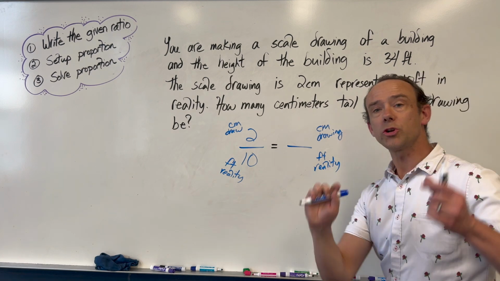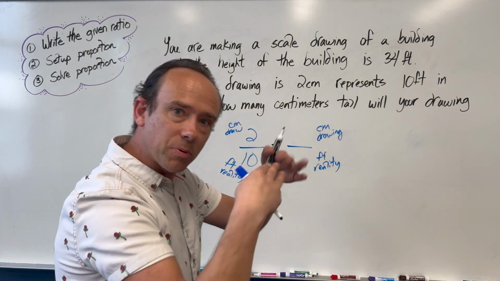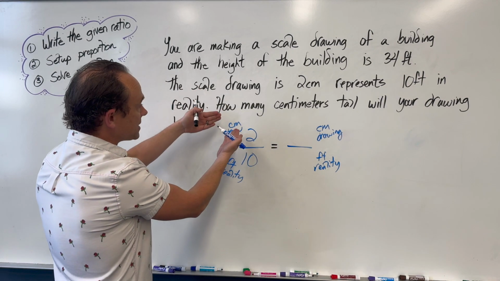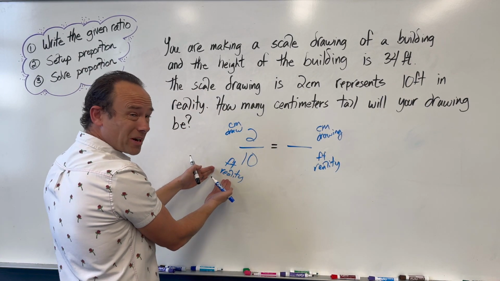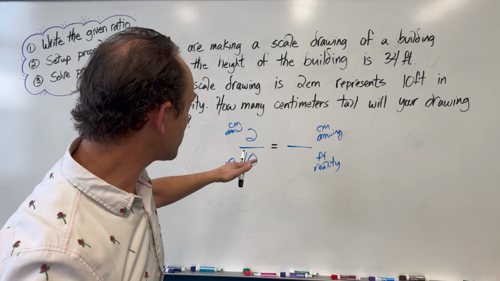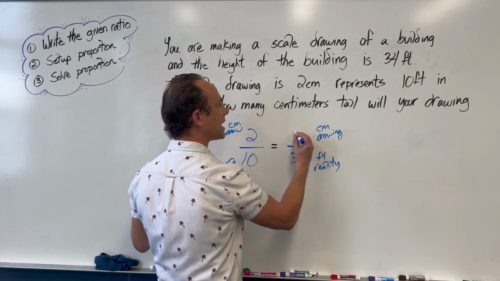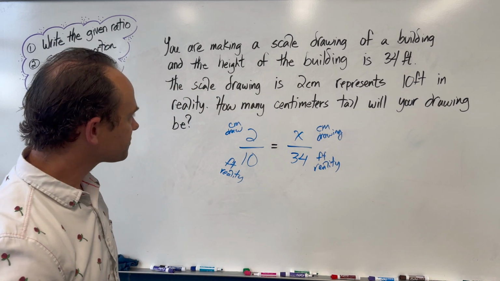So your proportion's got to be the same, right? You've got to have equal proportions. If you're comparing centimeters in the drawing to feet in reality, that's got to be the same on the right side. Okay, so let's fill in the proportion. So it gives us 34 feet in reality, and it's asking for the height of that drawing.